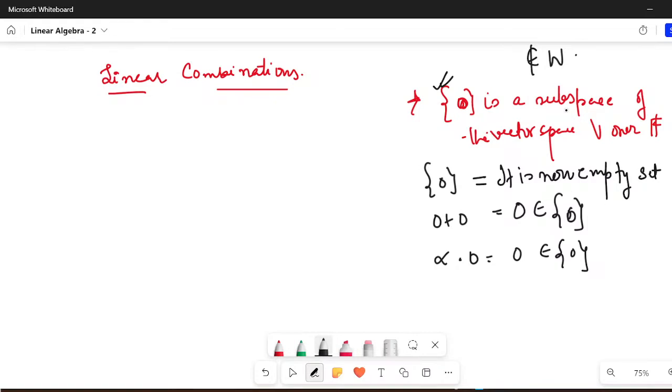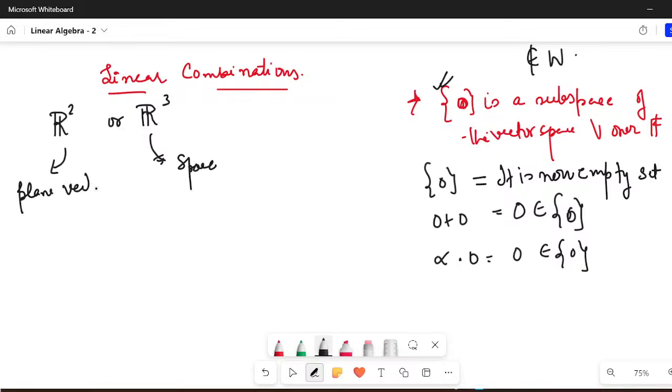Now let us move to something called linear combinations. Just understand, when we discussed R square or R cube, that is, 2-dimensional space and 3-dimensional space, in 3-dimensional space the vectors are called space vectors, and in 2-dimensional space the vectors are called plane vectors.